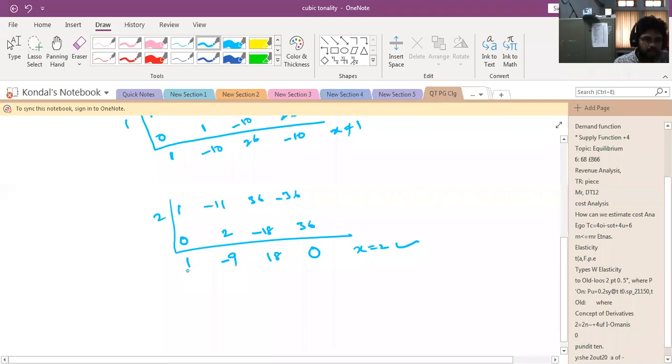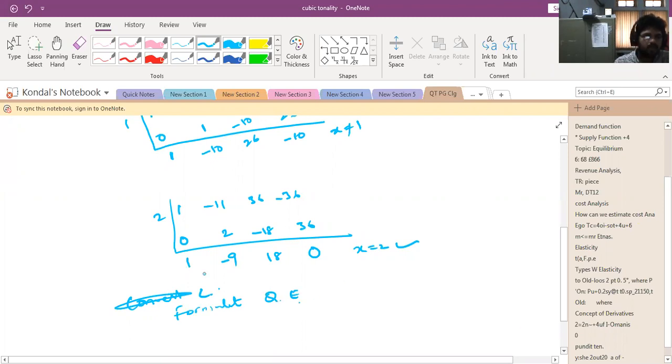So therefore, the cubic equation is converted. Whatever we have, 1, minus 9 and 18, should be converted into the quadratic equation. That is, we formulate the quadratic equation. So here what do we have in the quadratic equation?